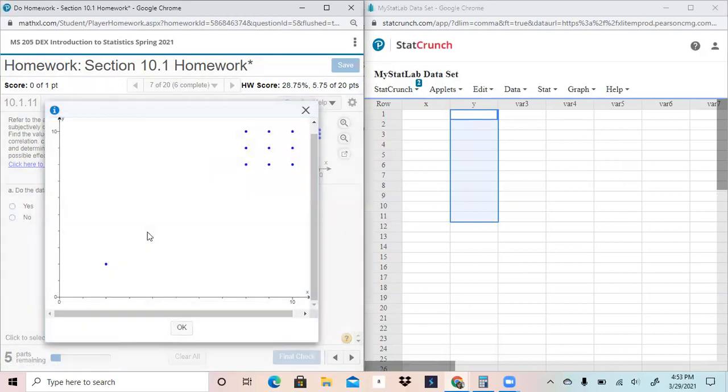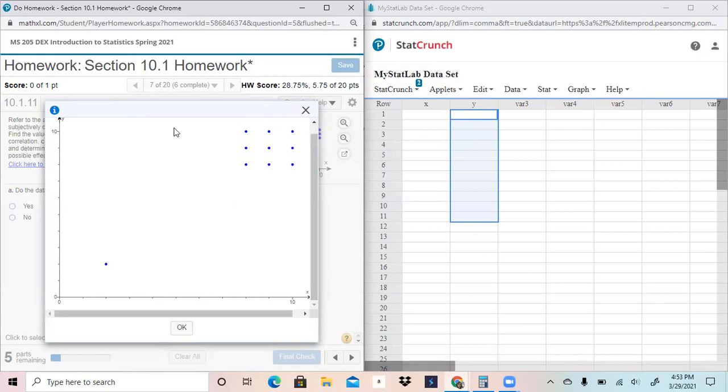I've got 10, I've got 10. This is counting by ones. I'm going to put these points down here first, because in a minute it's going to ask me to delete this point and see how that affects things. This is obviously what we would call an outlier.